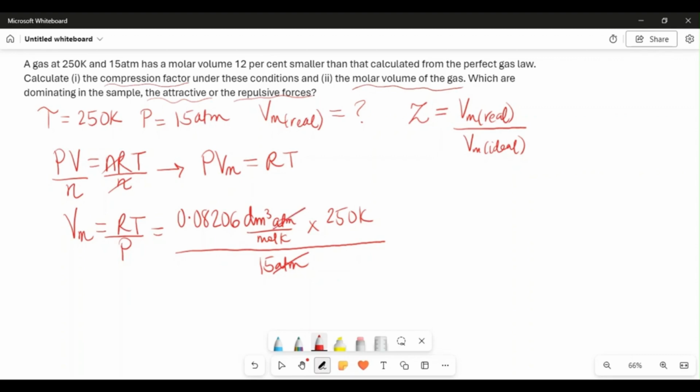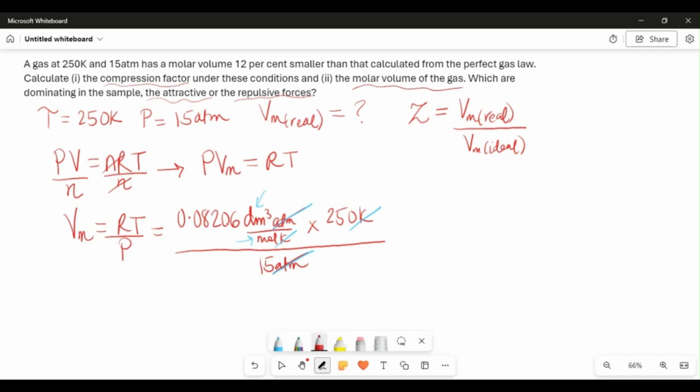Cancel out the atmospheres, cancel out the Kelvins, which makes sense, right? dm cubed is the unit for volume, and mole is the unit of number of moles. So dm cubed per mole is the molar volume's unit, which is correct.